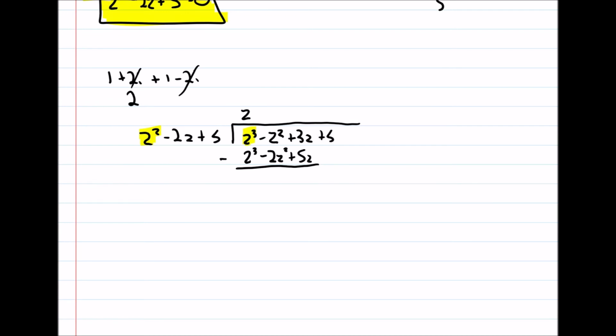And then I take away, and I end up getting, these cancel, z squared minus 2z. I then bring down the 5, plus 5. I ask myself again, what do I have to multiply this by to get to this? The answer is 1. So plus 1. And I get z squared minus 2z plus 5. And I take away, and I get 0.